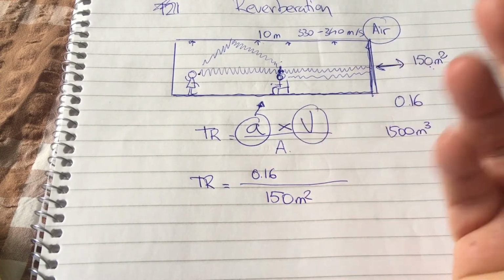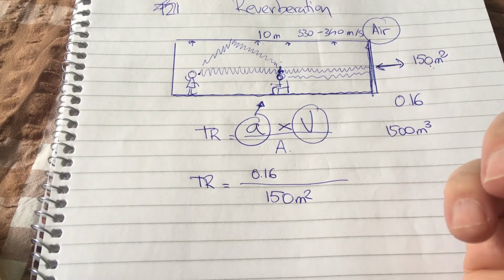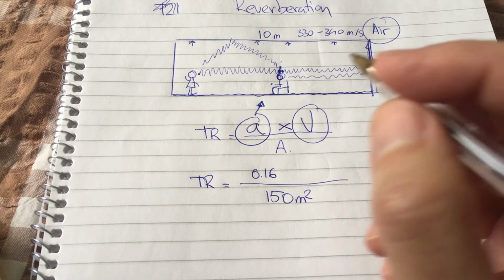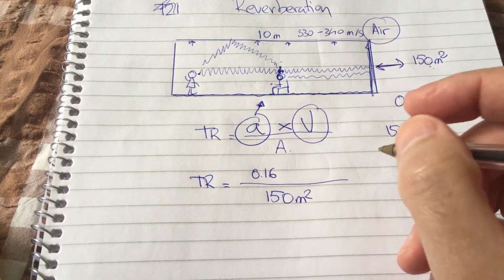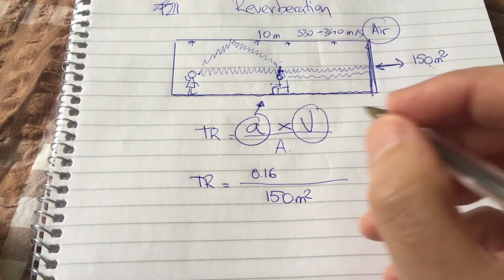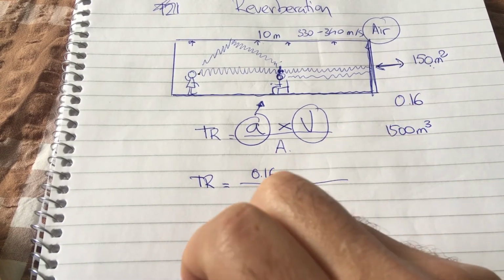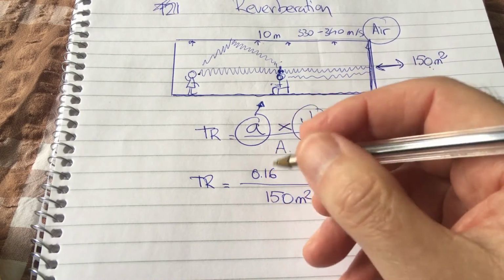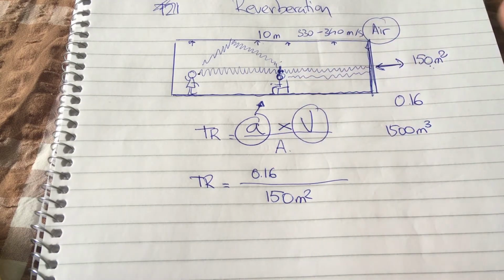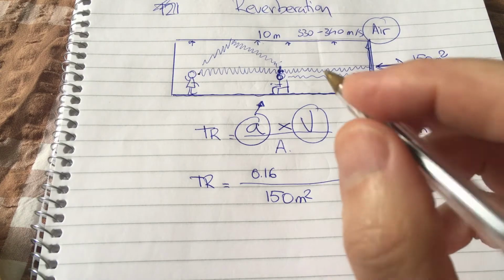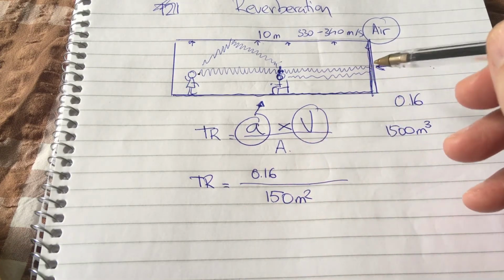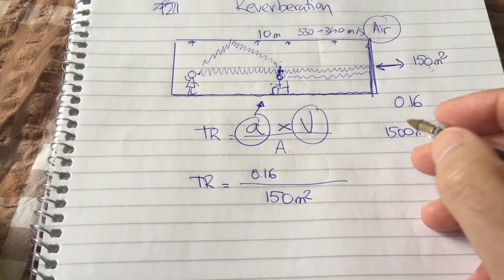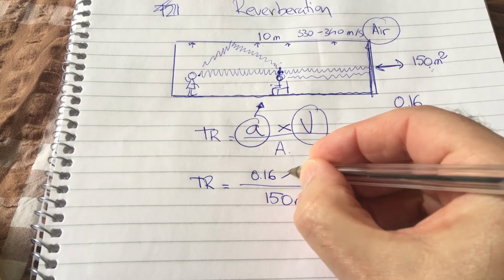But I showed you before some tables with different coefficients for different wavelengths, and I explained in the video before what is the wavelength, and I gave you a little bit of how things are calculated. But basically, you take this from tables or information from manufacturers or whatever. And then we need to know the volume, and we calculated the volume knowing the area and knowing the length of the room, and it happens to be 1500.